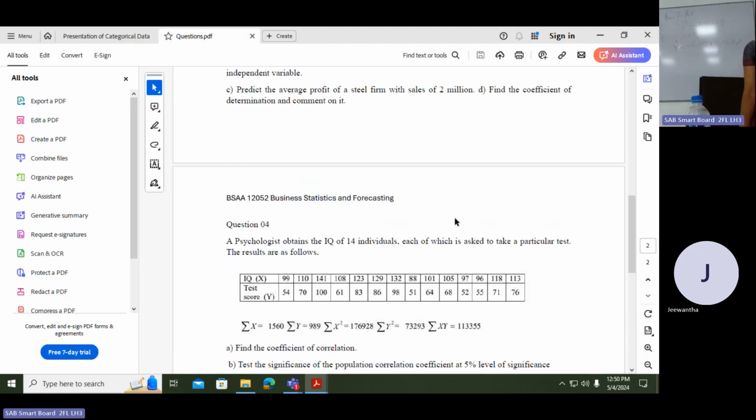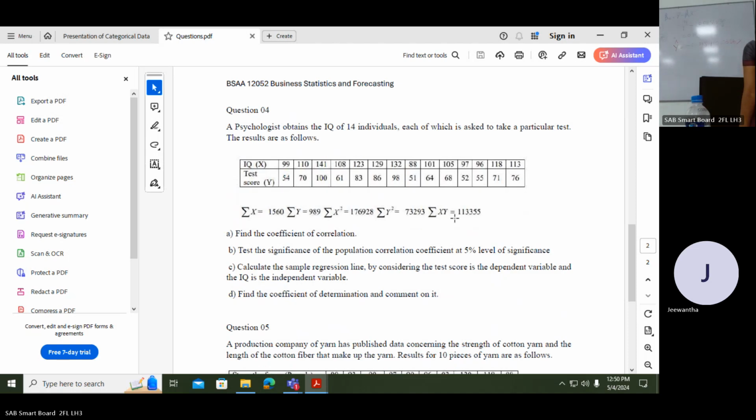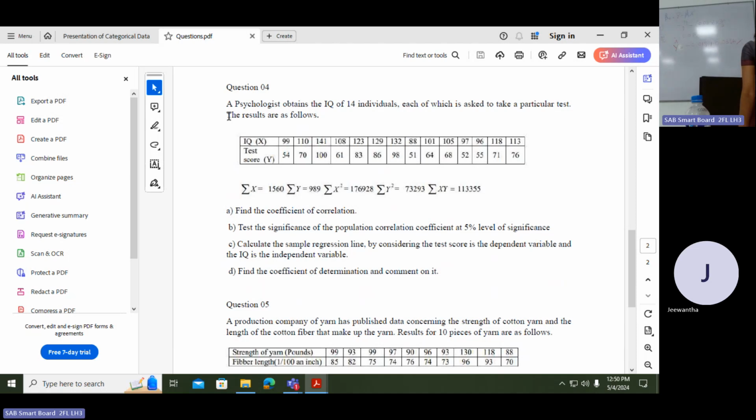Then we move into this section. Then you will try individually. A psychologist obtained the IQ of 14 individuals, each of whom was asked to take a particular test. The results are as follows. X is their IQ and Y represents the test score.